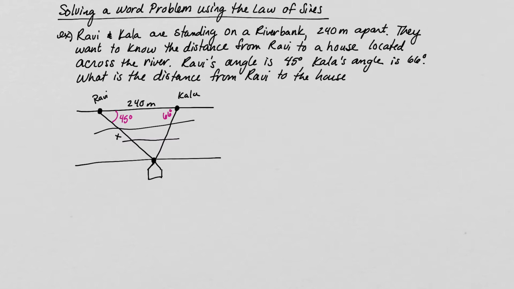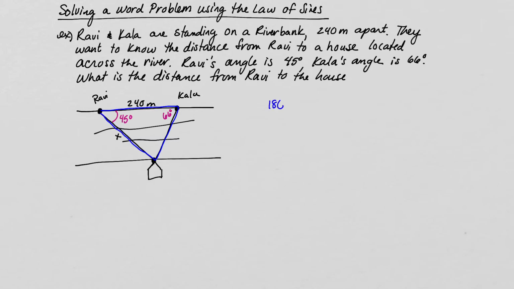We'll call that x. So the first thing we can do is set up the law of sines. If I happen to know this angle, I could say that the sine of this angle here over 240 is equal to the sine of 66 over x. While I don't exactly know this angle, it's pretty easy for us to find. Remember, we have a triangle, and all the angles in a triangle add up to 180.